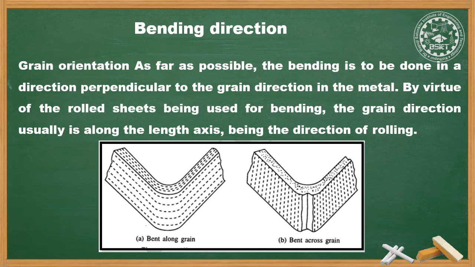So as far as possible, the bending should always be done in a direction perpendicular to the grain direction in the metal. That is, it should be along the grain of the material.